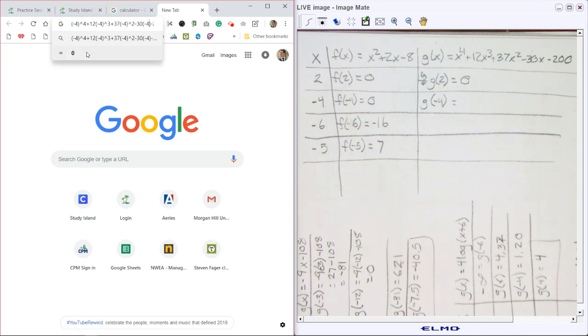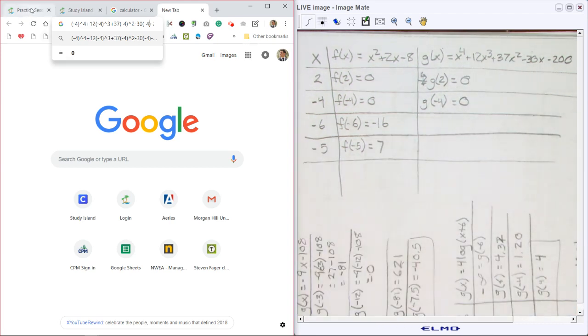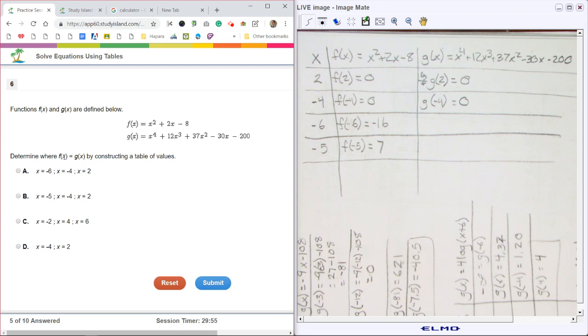And look at that, we got 0 as well. So far, 2 and negative 4 both work. Let's go back to our choices, and we can use process of elimination. Well, A, B, and D all have 2 and negative 4.